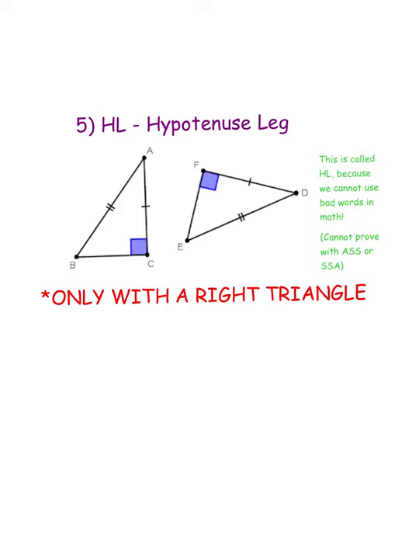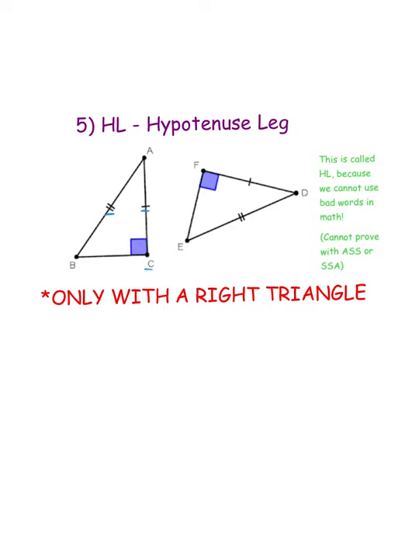The next one is called HL, or hypotenuse leg. And if you look in the green, it says this is called HL because we cannot use bad words in math. If we were to do it using the angles and the sides, this technically would be angle, side, side. We really don't want to write that word on a Regents, or its backwards version, which is side, side, angle.